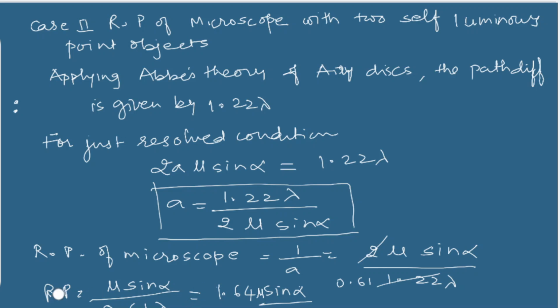This will be the resolving power of microscope if two self-luminous point objects are taken. So this is case 2. In this way we have the resolving power of microscope.